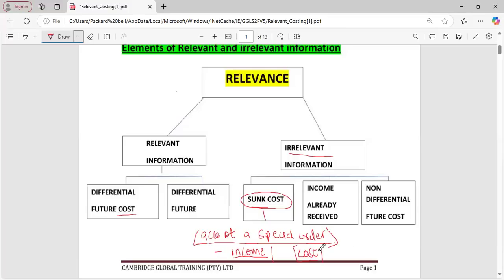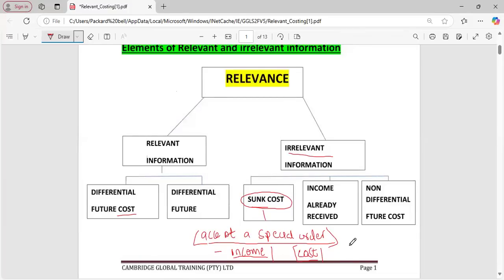So a relevant cost or income is something that will arise as a result of a decision being made. The decision that you have made and the cost that you are going to incur as a result of that decision are relevant costs.